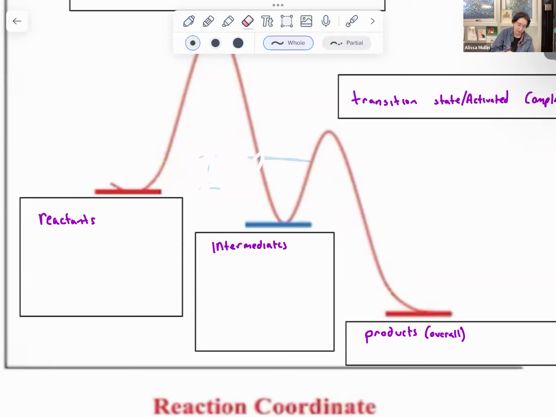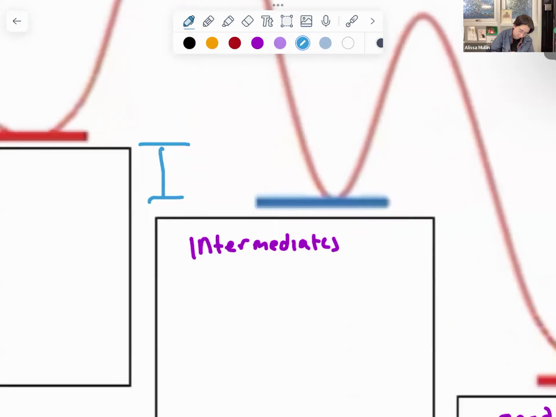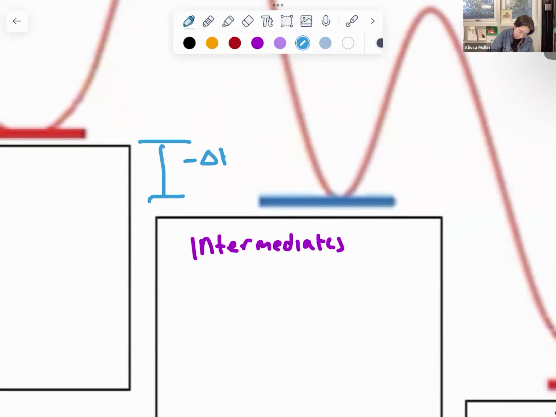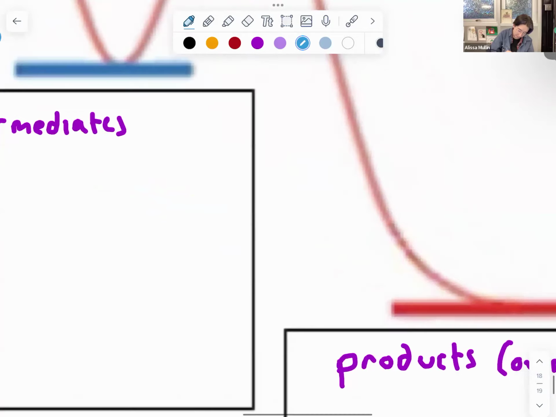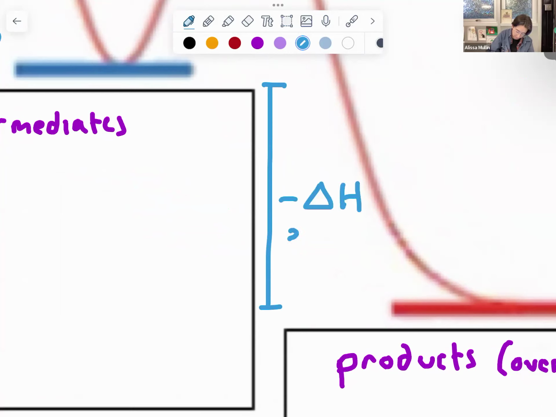Versus right here, it's showing that this step is exothermic. Same with this step: we went from this energy to this energy, which is also a negative change. This is exothermic.